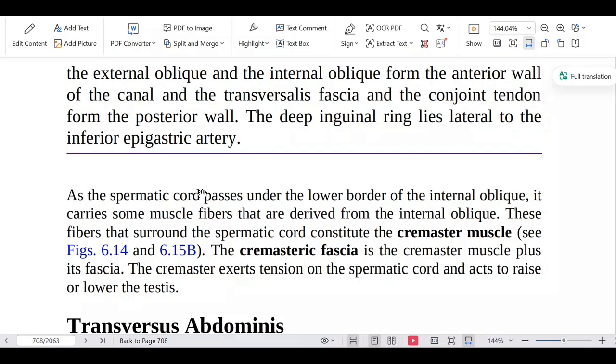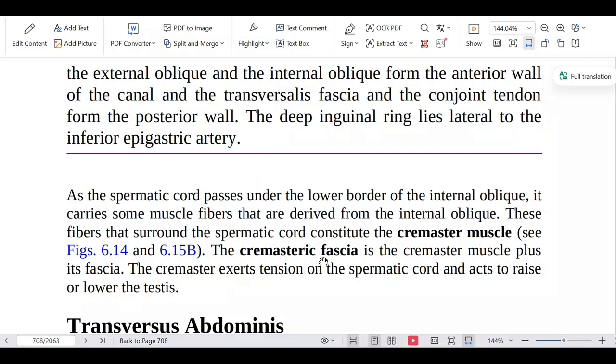The spermatic cord is not passing through the internal oblique; it is passing beneath it. But it was passing through the external oblique, that's why there was a defect or opening in the external oblique. In the internal oblique it passes beneath, so there is no need for any opening. The arching fibers give the spermatic cord enough pathway to pass.